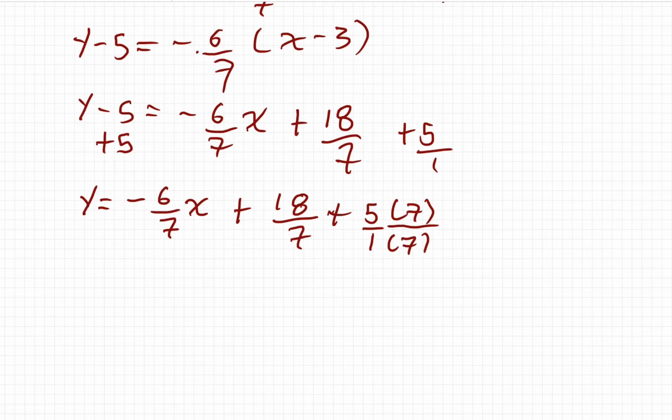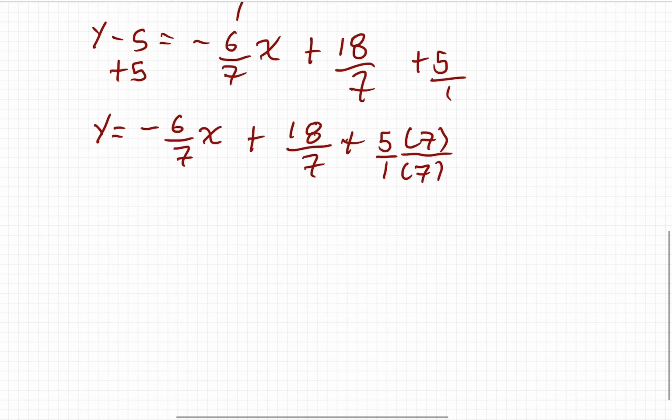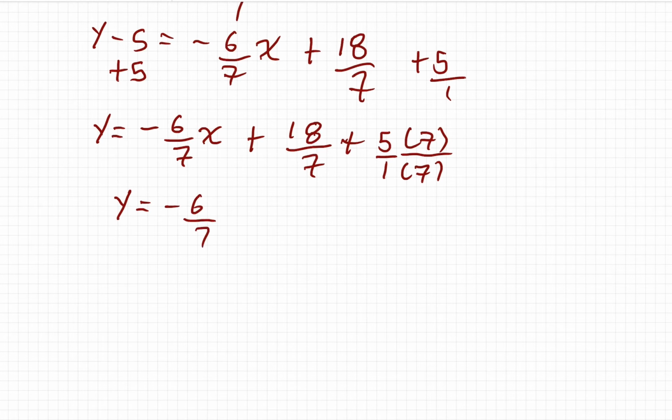And if you notice, you're multiplying by 1, because 7 divided by 7 is just 1. So then we're gonna have y equals -6/7 x plus 18/7 plus 5 times 7, which is 35, divided by 7.